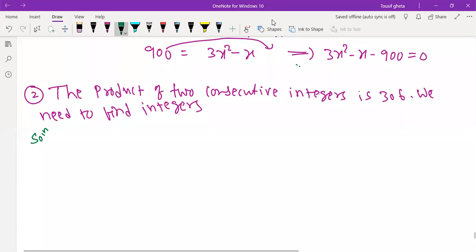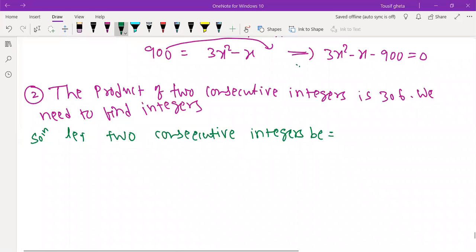Everybody look on your screen now. The product of two consecutive integers. Let the two consecutive integers be... So what will be the two consecutive integers?